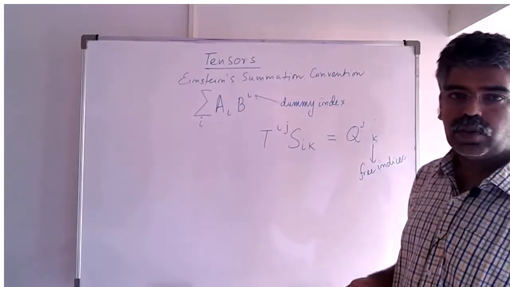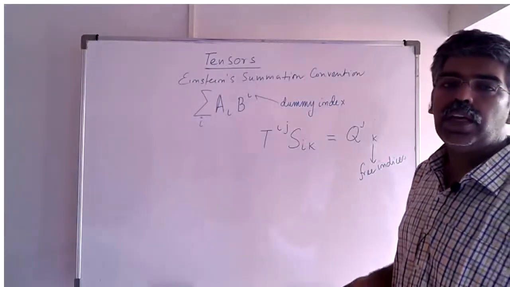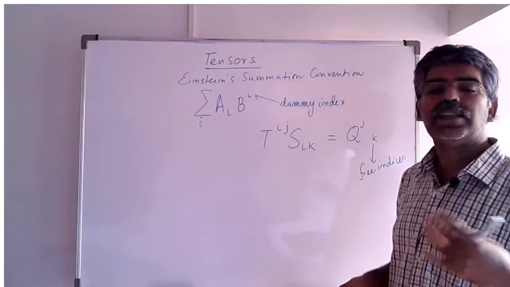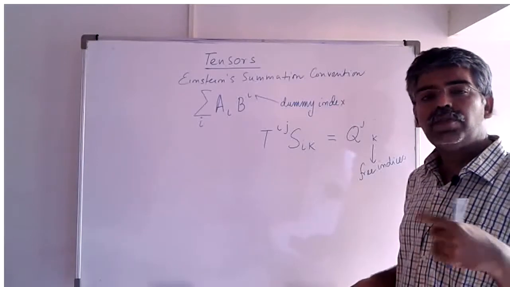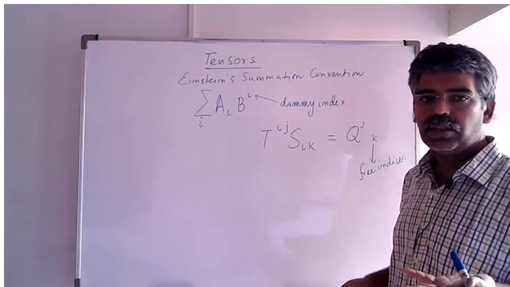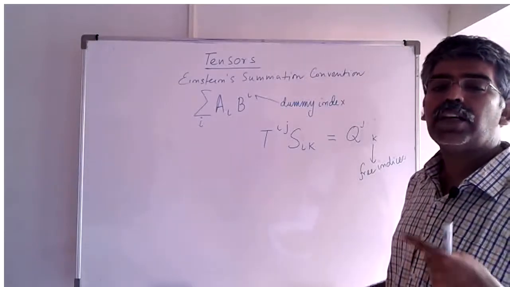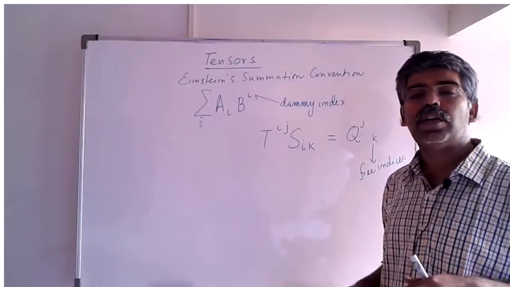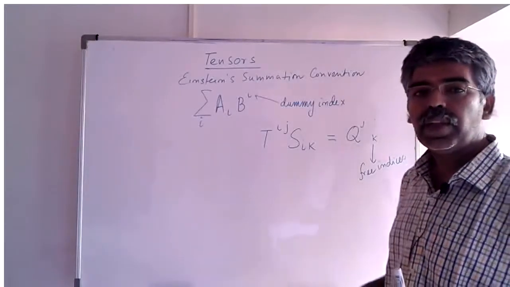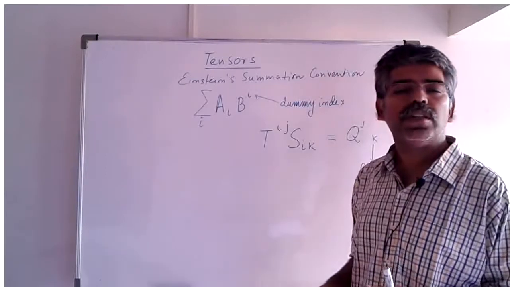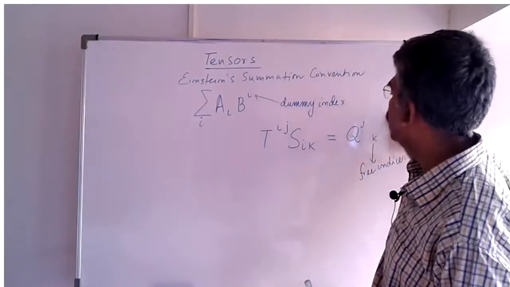I take a set of coordinates such that these coordinates are independent. So n dimensional space, n coordinates. So if these coordinates are independent, if I take a derivative of that coordinate with respect to the other coordinate, it will vanish unless and until the coordinates are same, right?